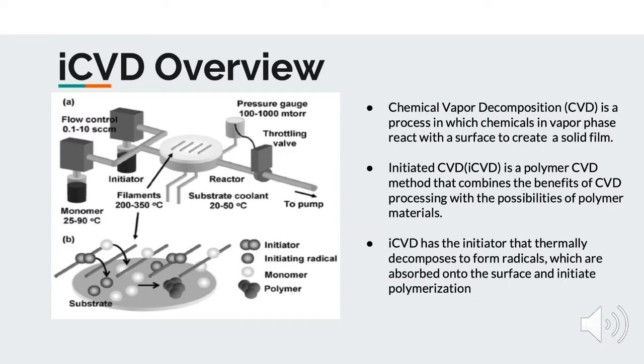Different from CVD, iCVD has an initiator that thermally decomposes to form radicals, which are absorbed onto the surface and initiate polymerization. The low energy cost of iCVD holds advantages over other CVD methods because the process can be conducted at low temperature.